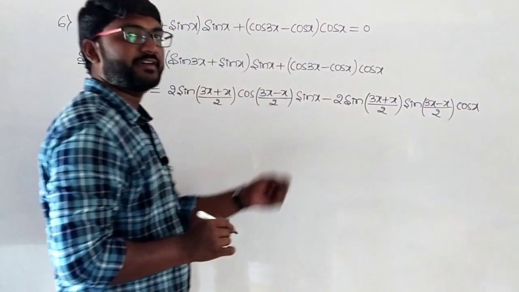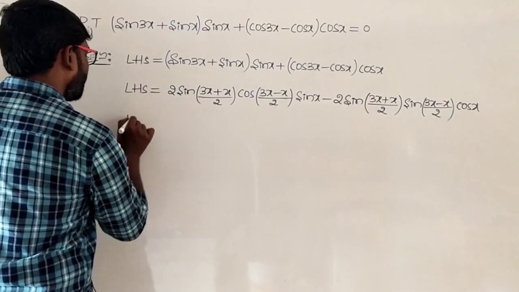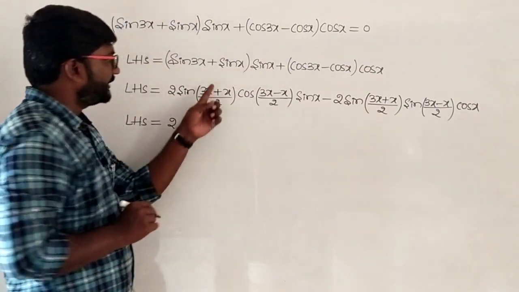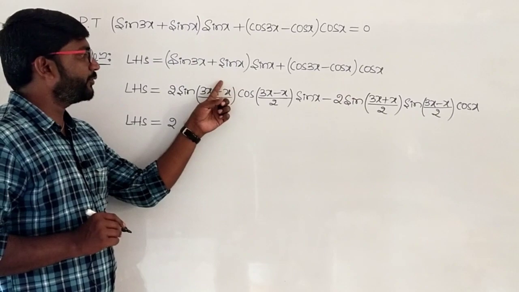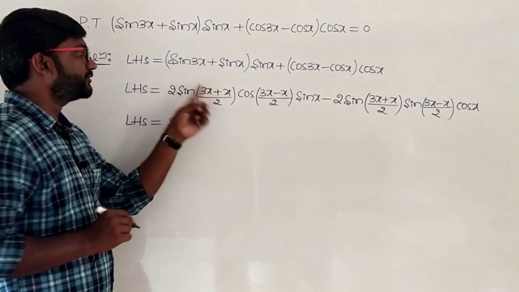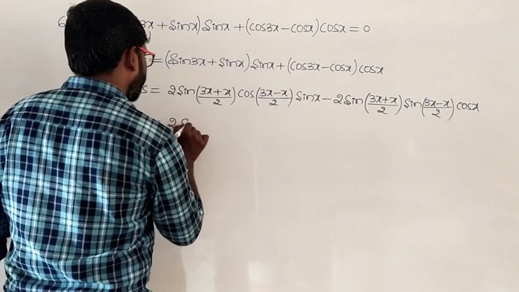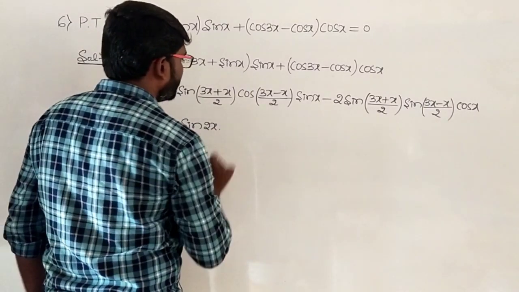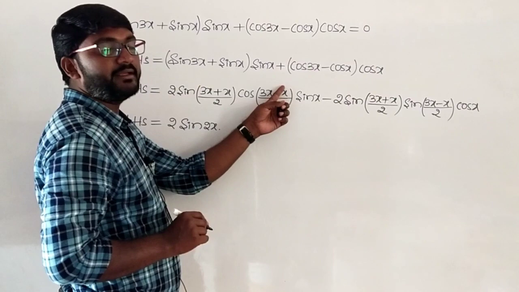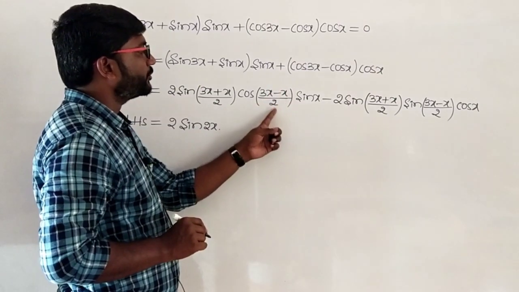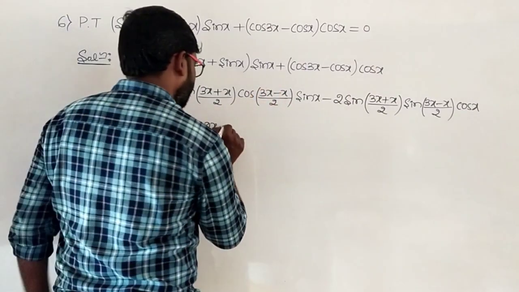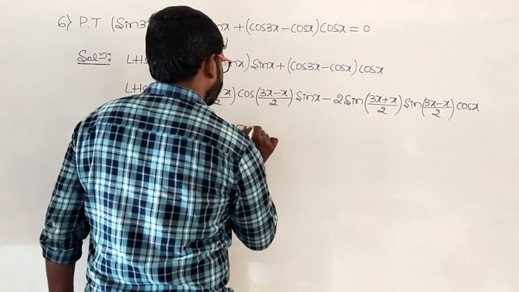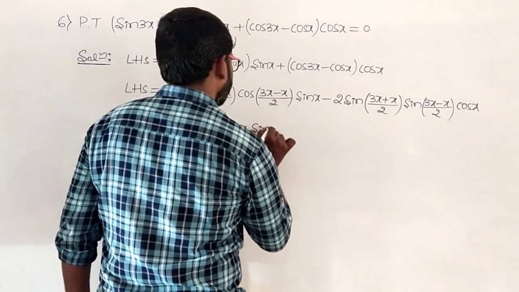Let us simplify this further. LHS equals 2. Now 3x plus x will be 4x, 4x by 2, we get 2x. So 2 sin 2x, then into 3x minus x will be 2x, 2x by 2, the 2s get cancelled, we get only x. Into cos x into sin x.